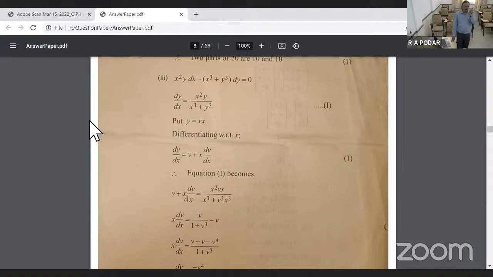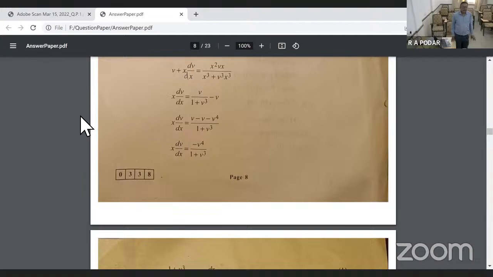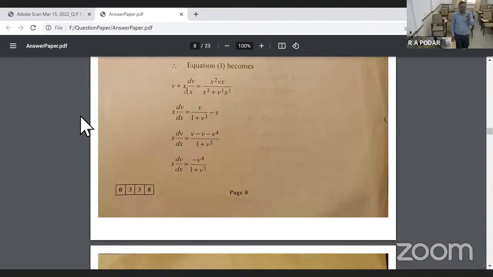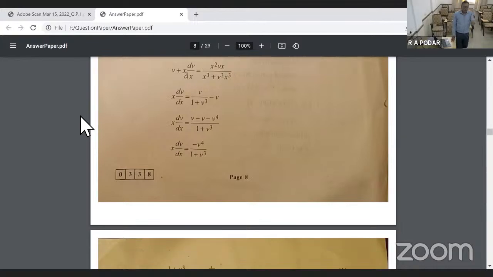So this is the particular method you have to remember. So y is eliminated. So the value of y is v into x. So on the right hand side, y is not there. So in terms of v and x you will get the solution. Then equation 1 you can substitute. Then finally you get the final answer. So the distribution of marks you can see for this.